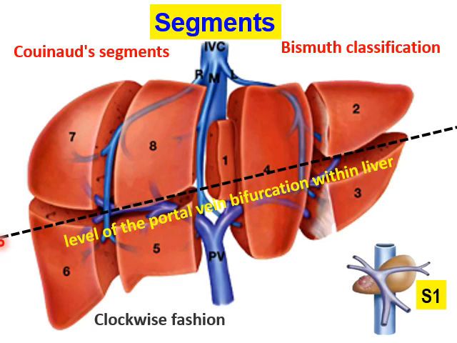Another horizontal plane at the level of the portal vein bifurcation within the liver divides each sector into two segments, upper and lower. So we have upper lateral segment, lower lateral segment, upper medial segment, lower medial segment, upper anterior segment, lower anterior segment, upper posterior segment, lower posterior segment.